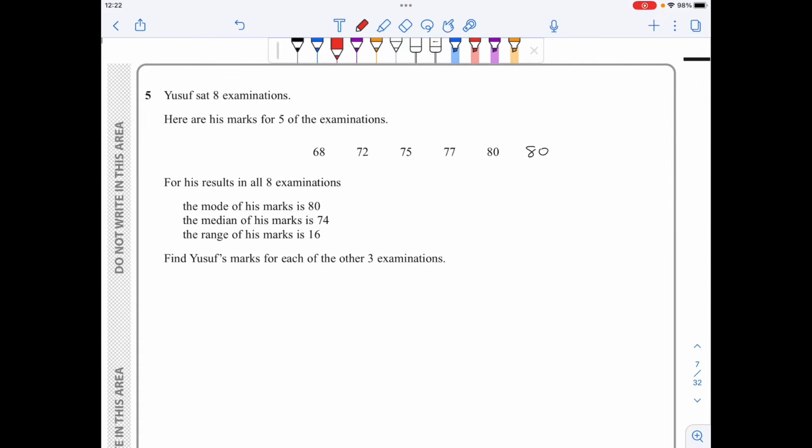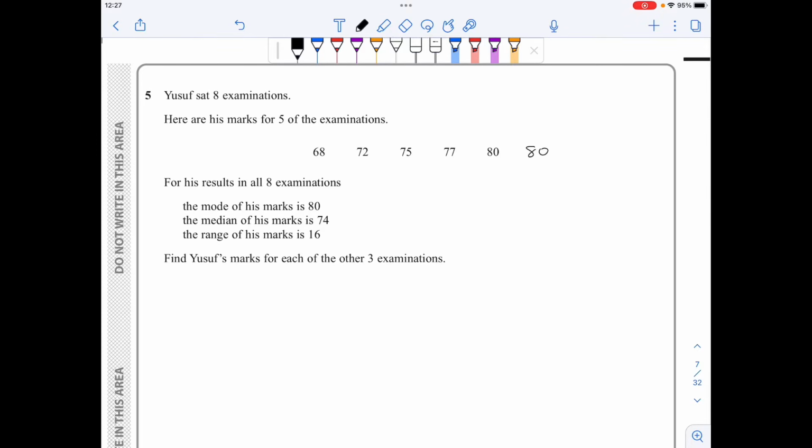If I assume that there is another 80, then to make sure that the range is 16, the difference between the smallest number and the largest one must be 16. So the smallest number must be 64, which makes the median 76. That's the midpoint of 75 and 77, but the median is supposed to be 74, so there is no other 80.